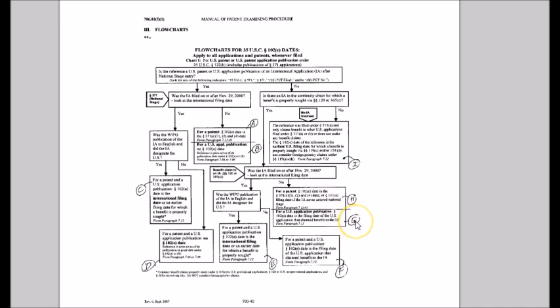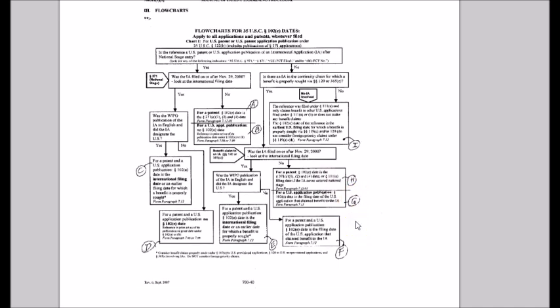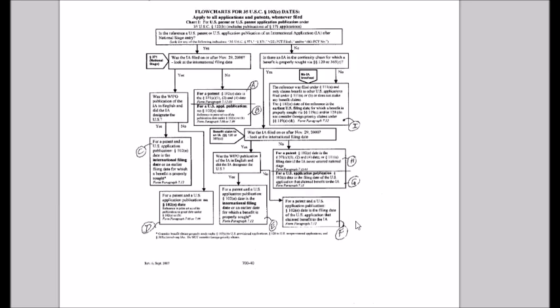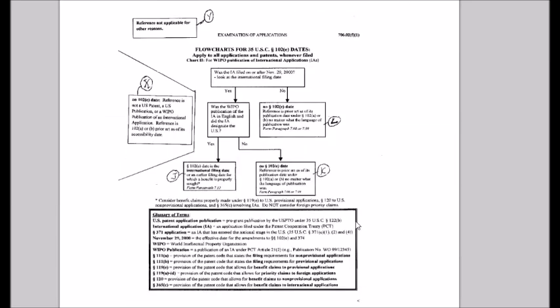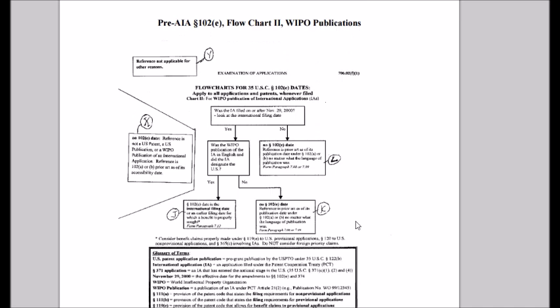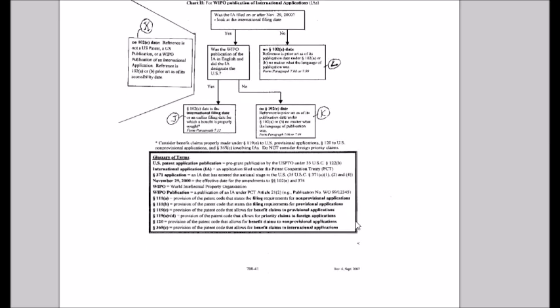We ended up in leaf G and we got this date, that tells them we understand what 102E is, how to traverse these tables, and where we got. Then there's, of course, pre-AIA 102E flowchart 2, WIPO publications.